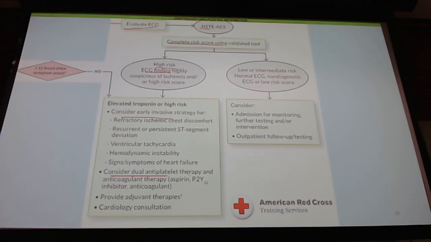Consider dual antiplatelet therapy and anticoagulant therapy, so an aspirin and P2Y12 inhibitor, and anticoagulant. So that's what you're going to do if the patient is high risk or the ECG finding is highly suspicious of ischemia. If, according to your validated risk score, they are low or intermediate, with a normal or non-diagnostic EKG, and they have a low risk score, consider admission for further monitoring and or outpatient follow-up testing.